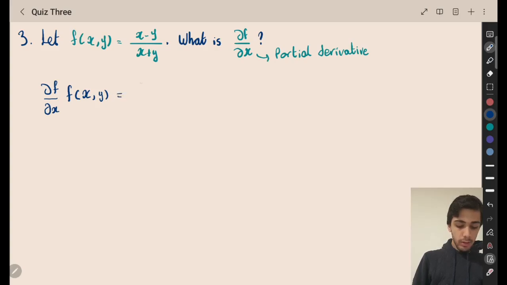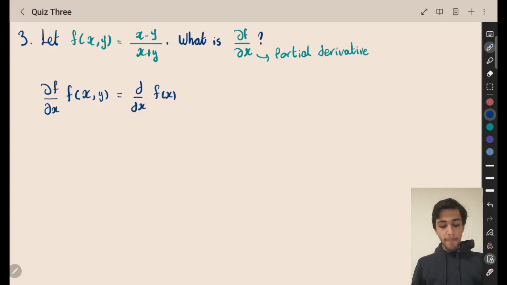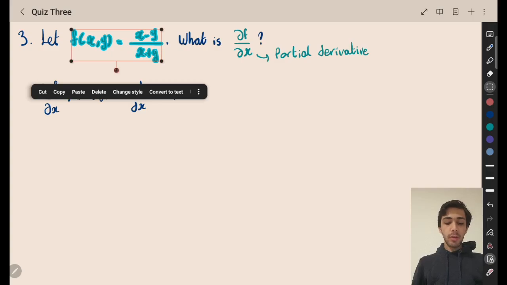is the total derivative with respect to x of f of x, which implicitly means that I fix y. So I treat f of x, y as a function of x, and I fix y to be some constant. So y does not really matter here.